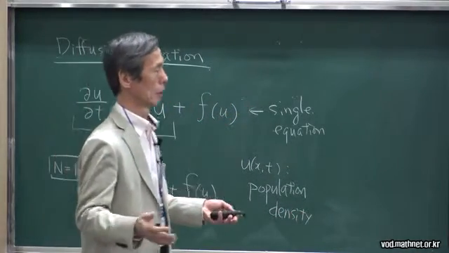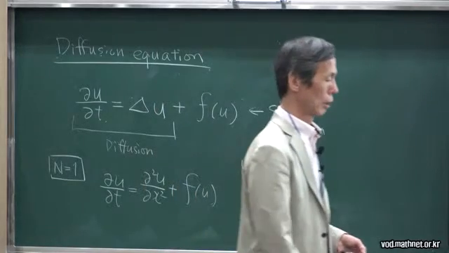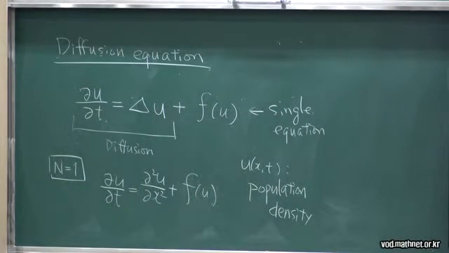Of some species. And here we simplify the situation and assume that the population density is a continuum model. So the number of individuals is so large that we assume it can be regarded as a continuum.